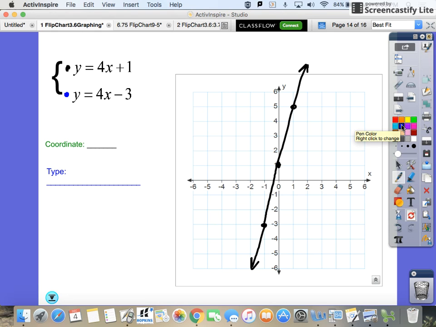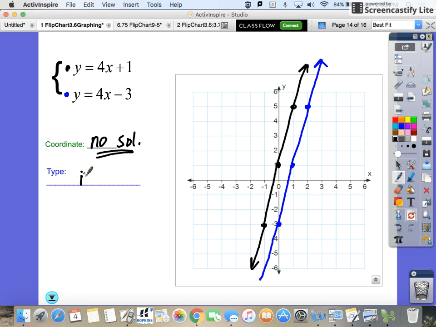And then in blue, our intercept is -3, with the same slope: up 4, run 1, or back 1. All right. This one has no solution, because they're running parallel, they're never going to cross. So there's no solution.